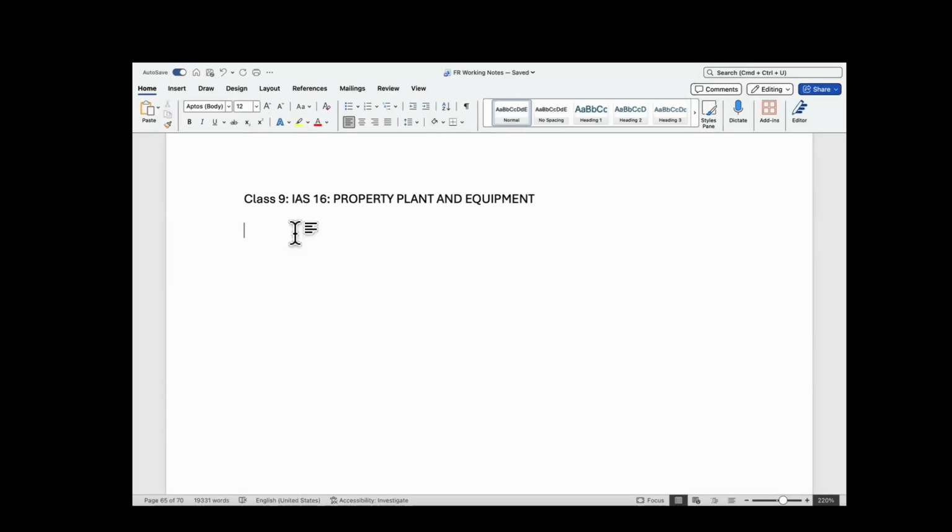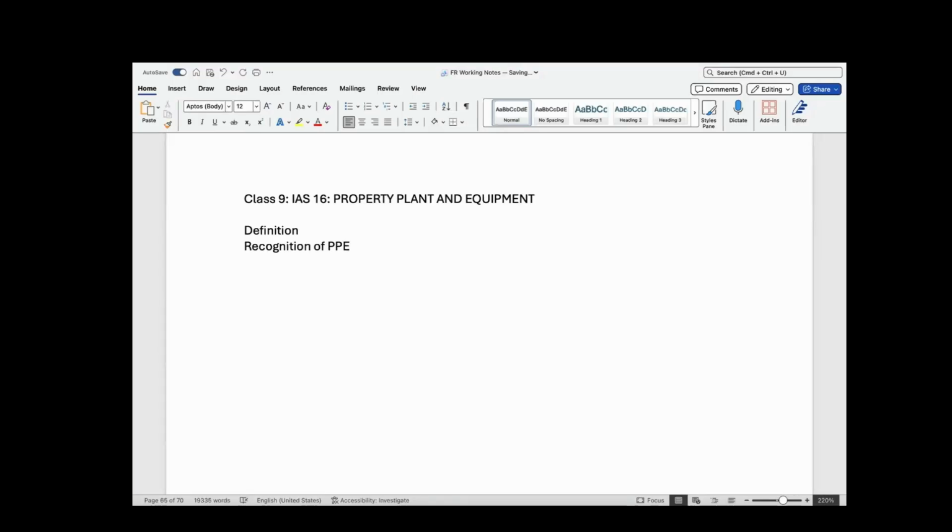So IAS 16 on property, plant, and equipment. What's our coverage here? What we want to look at in this standard, I'll start with the definition of what PPE is. Then I will quickly move on to recognition of PPE.